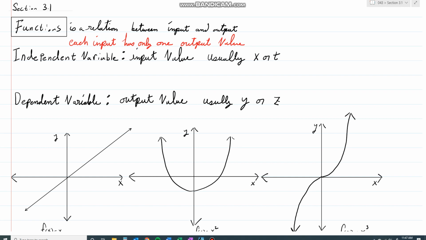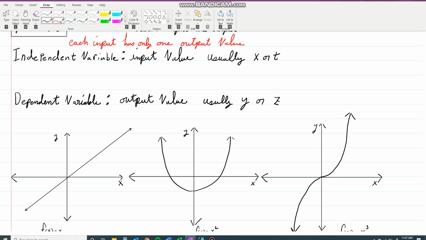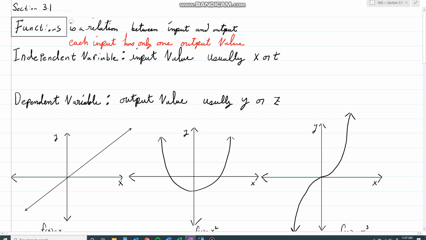Functions are the prevalent way of describing relationships between variables. Now, a function is a relationship between an input and an output variable. That is a fancy way of saying, it could be even just a line.